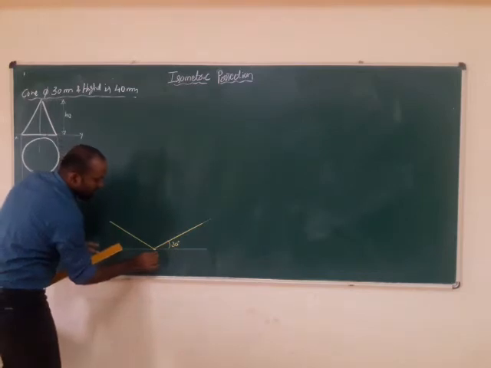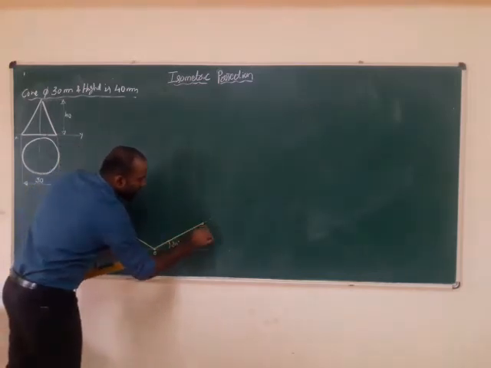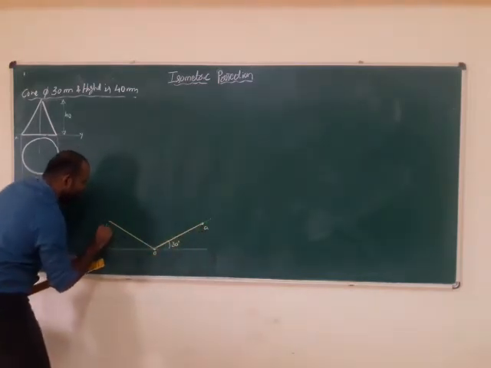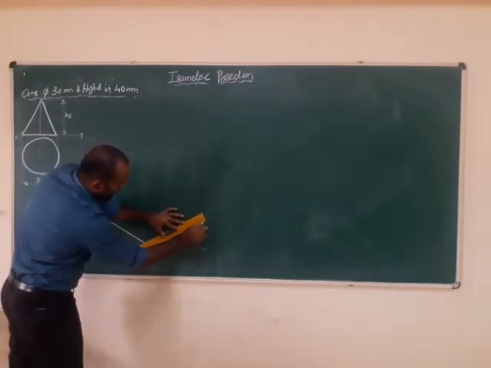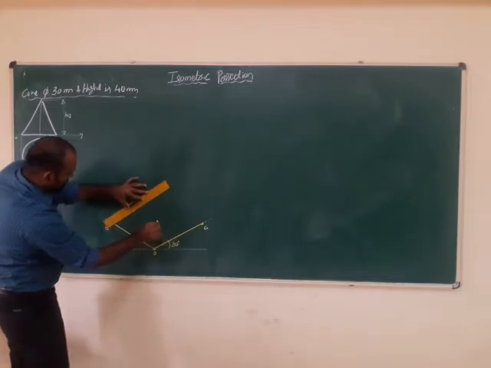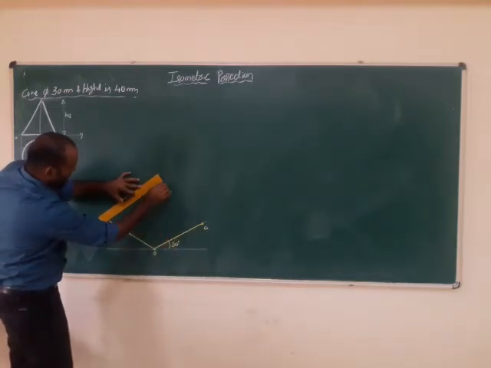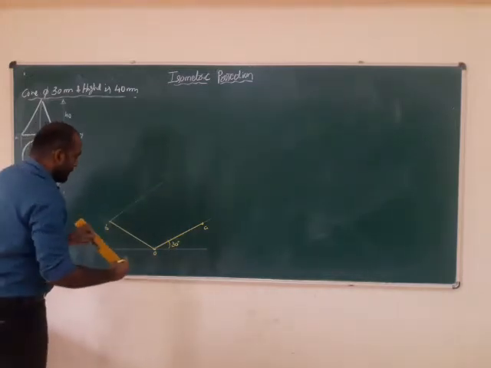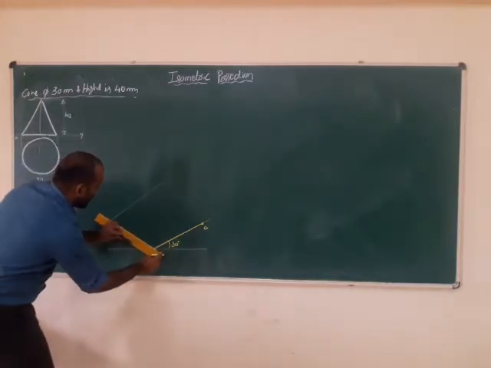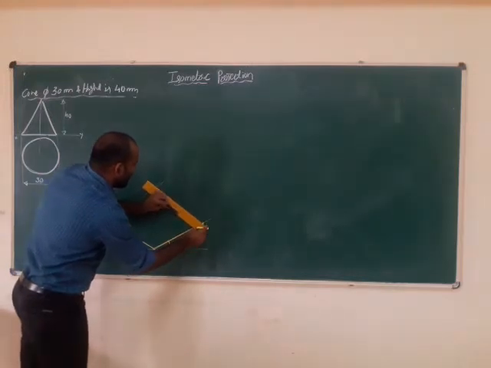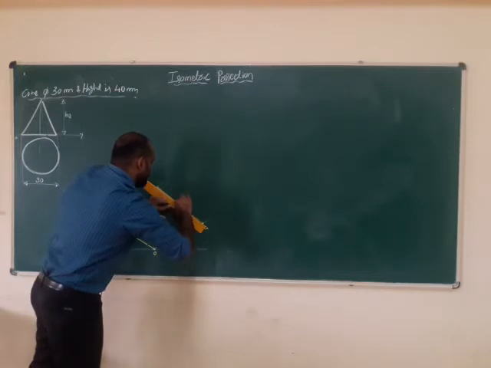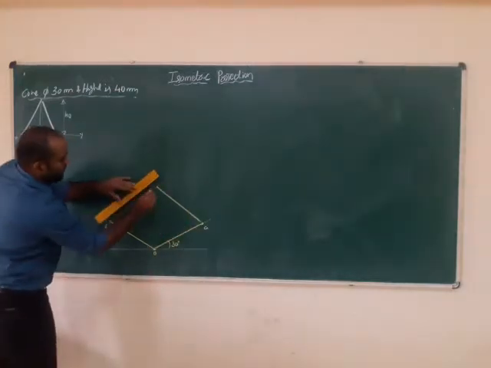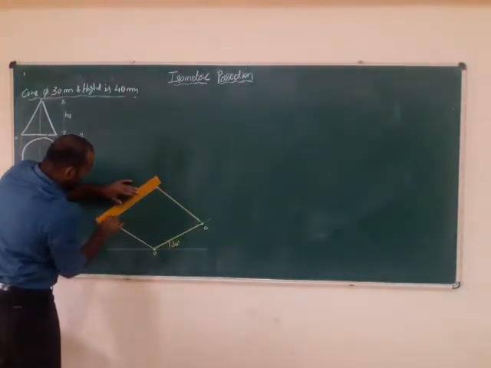Point O, this point is called A, this point is called B. After that, draw a parallel line to OA from B. Next, draw a parallel line to OB from A. Then you will get a square.